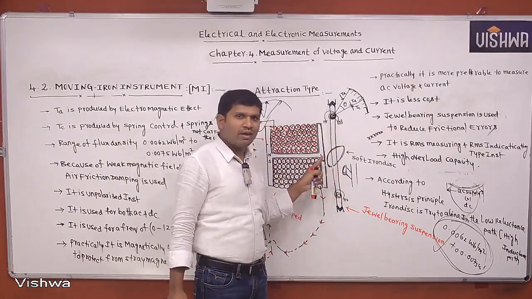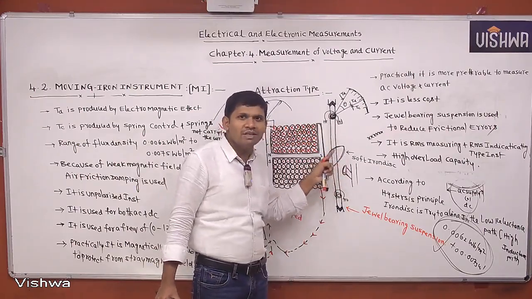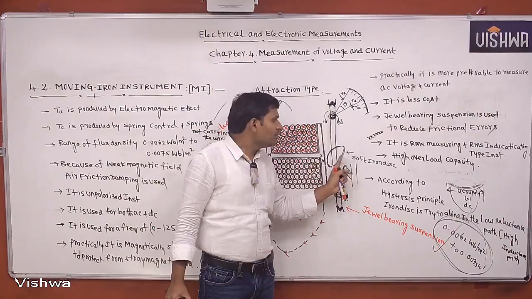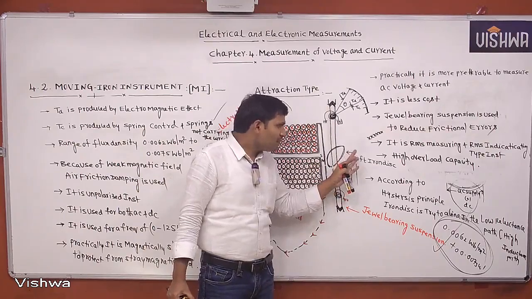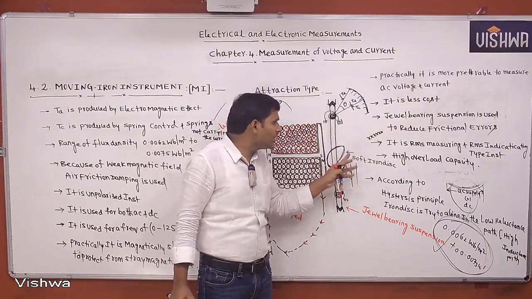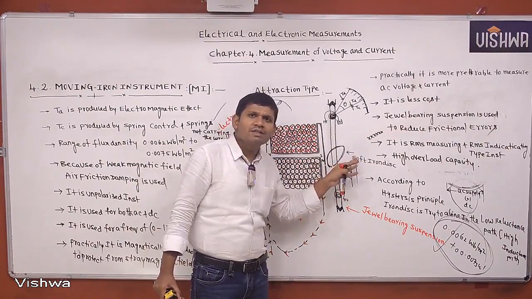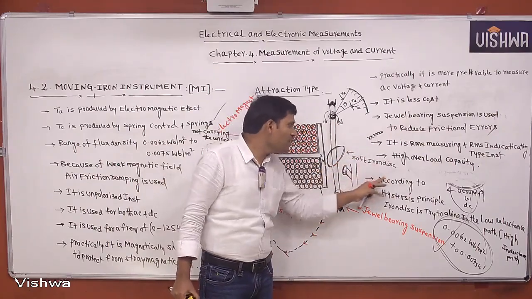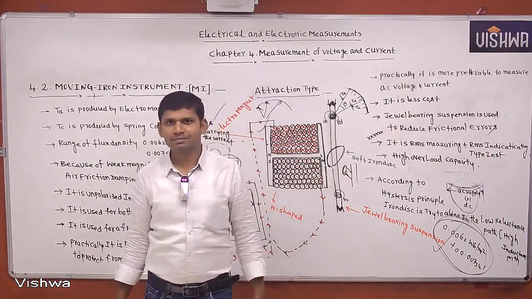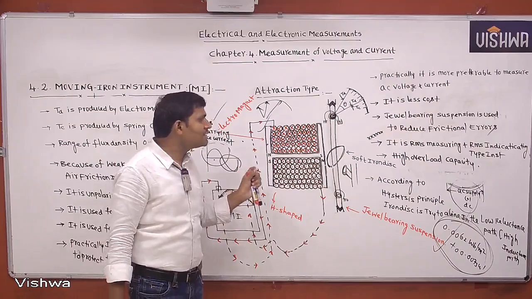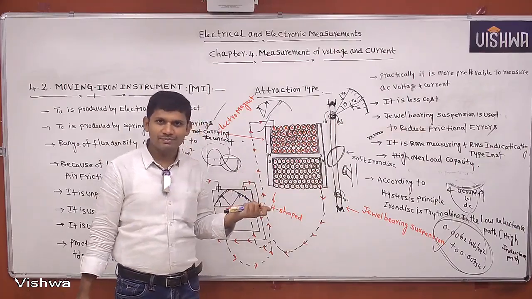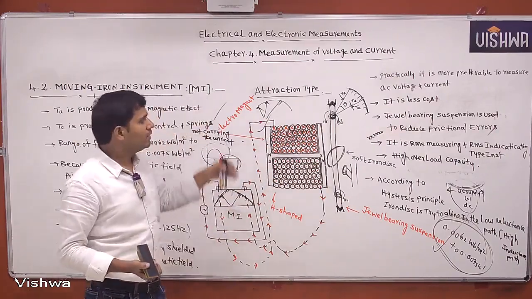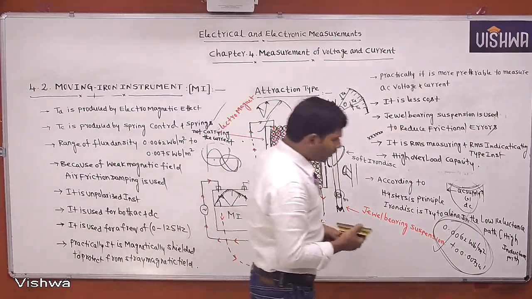We can use some iron material or alloy combination in order to reduce the hysteresis losses. We can use a nickel plus iron combination, that gives the soft iron disc. Understand? Concentrate on these points. Quickly note down.